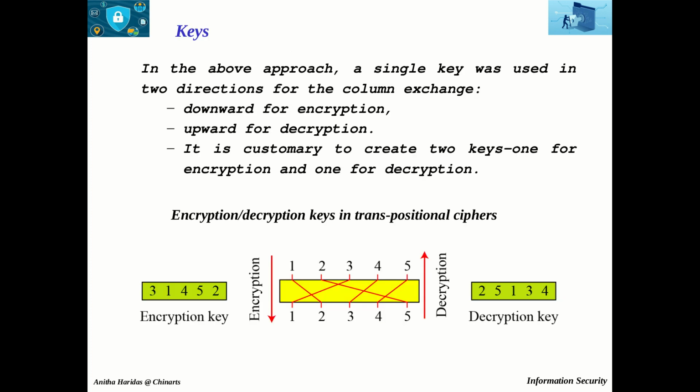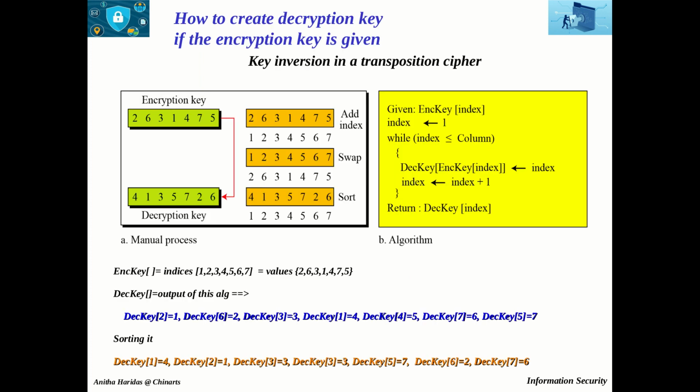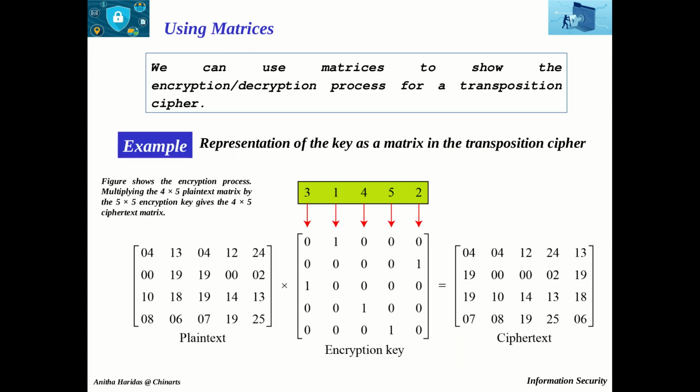Then we talked about the key values, and here the encryption key and the decryption key can be separately represented. We have also discussed, if the encryption key is given, how the decryption key can be created. Then we discussed how the encryption key can be represented as a matrix so as to produce the ciphertext in the simplest manner.